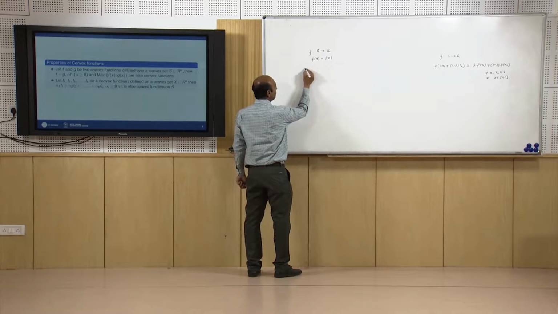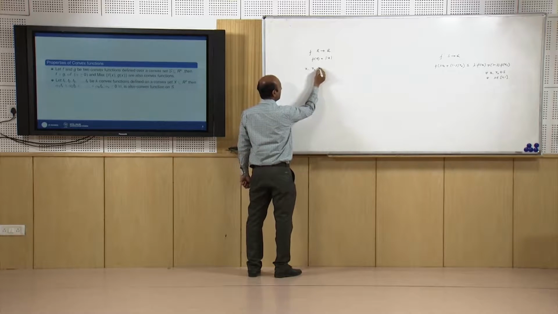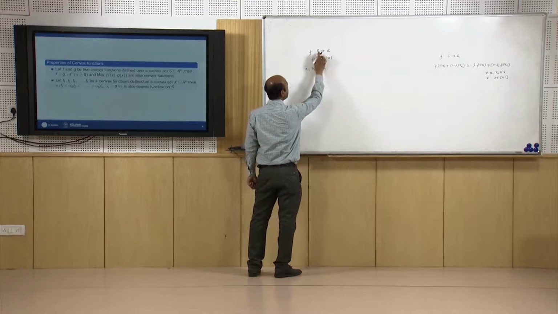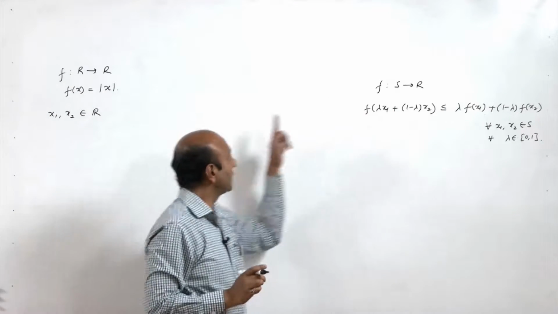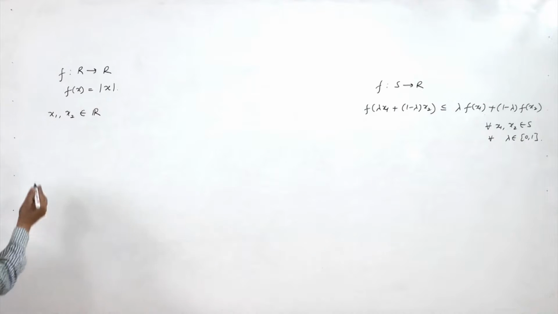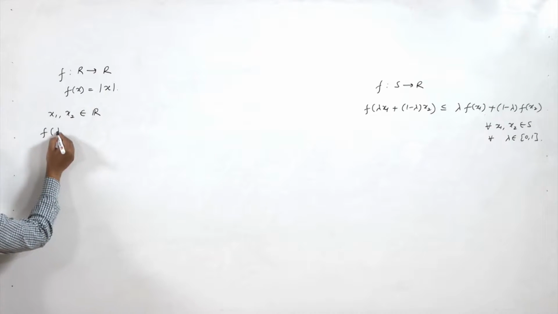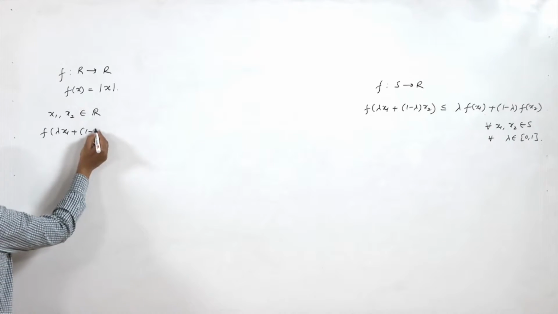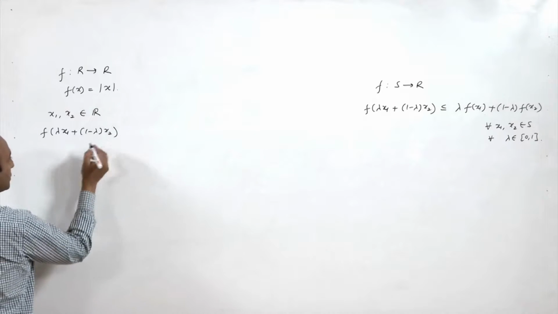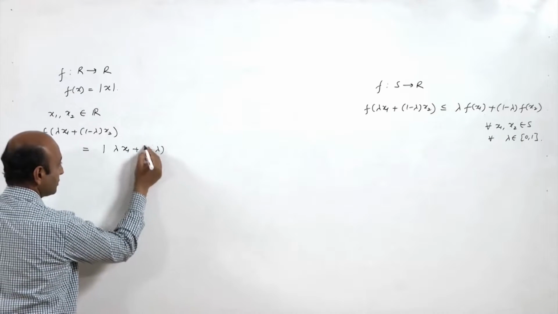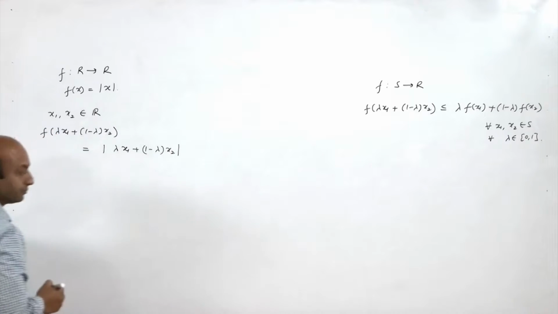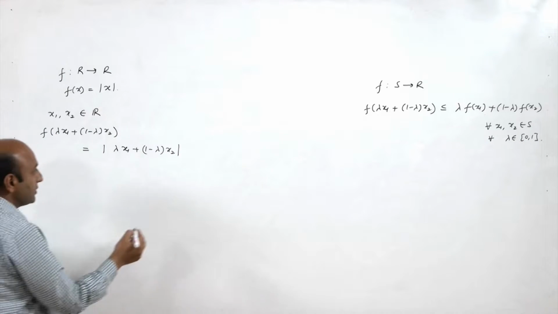You take two arbitrary points x1 and x2 in R. Here S is R for this example. So, what is f of lambda x1 plus 1 minus lambda x2? By the definition, this is equal to mod of lambda x1 plus 1 minus lambda x2, with lambda between 0 and 1.